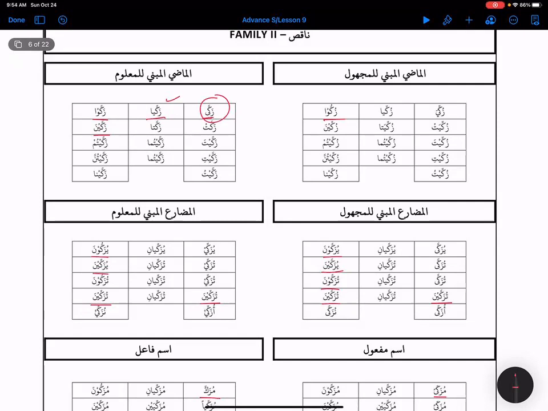So zakka takes the fatha sound and sounds like alif. And then zakkaya, we see that ya is coming back, and how it becomes zakkau here, not zakku but zakkau.